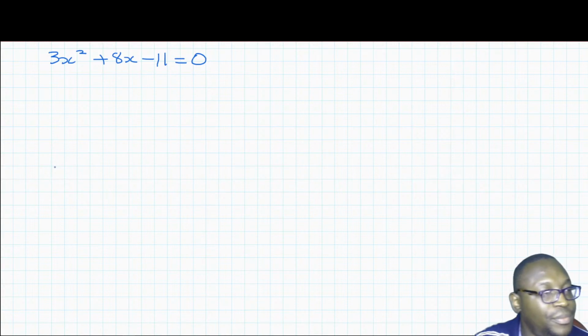So this example, we're going to say 3x squared plus 8x minus 11 is equal to 0.